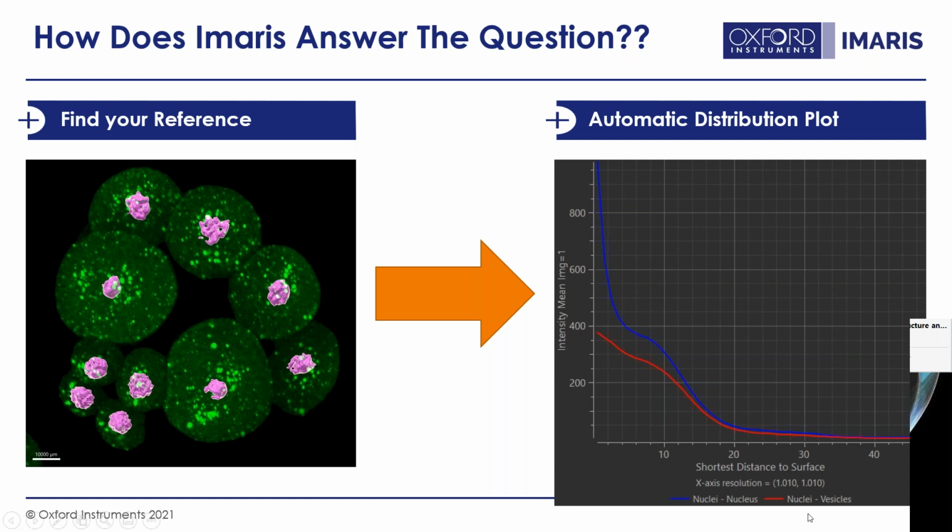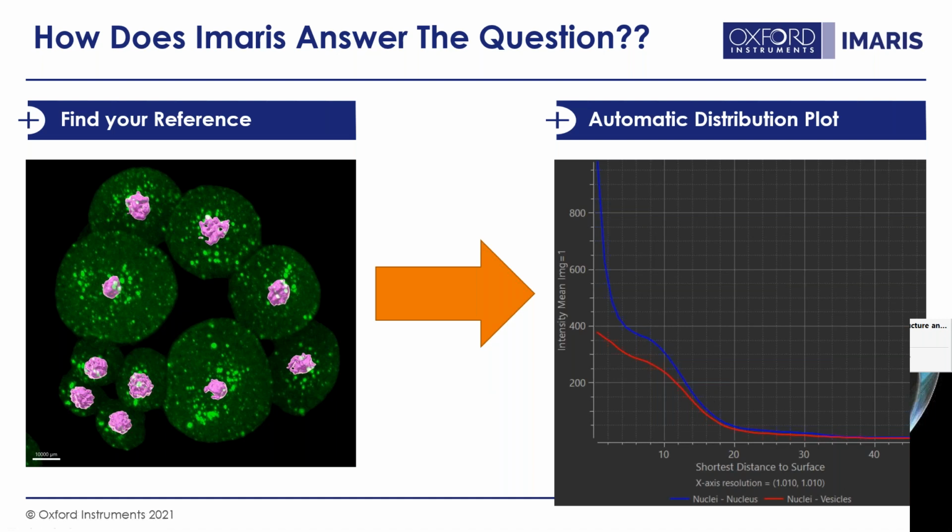But we can also see that the vesicles channel, which is labeled in red here but matches the green channel over here, starts off high and then goes down as a function of distance away from the surface. And so we do see that there's an accumulation in this image of the green channel closer to the nucleus.